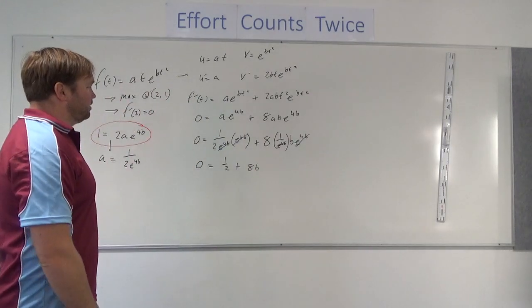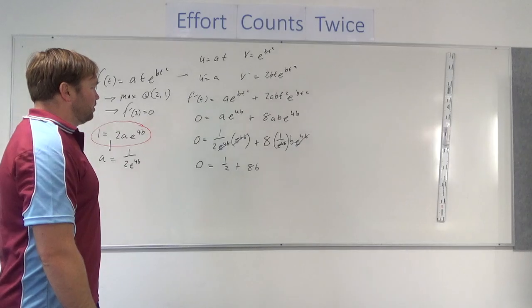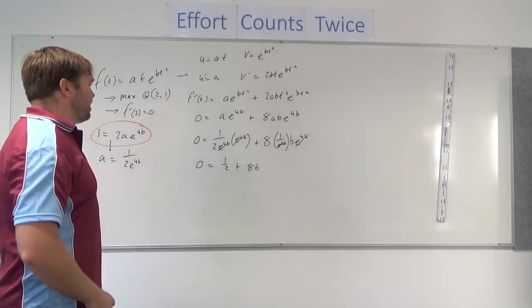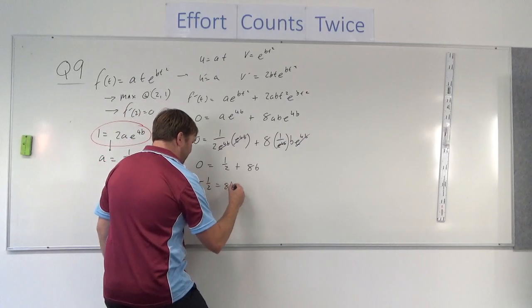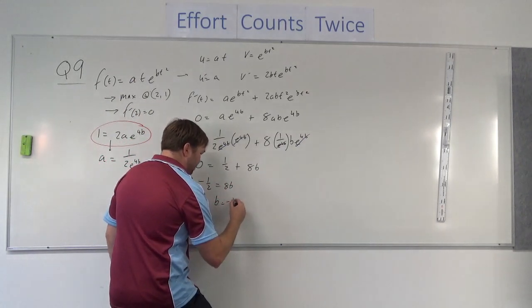Really that easy? I mean, I say really that easy, but I'll probably screw it up somehow, haven't I? Minus a half equals 8b. b equals minus 1 on 16.